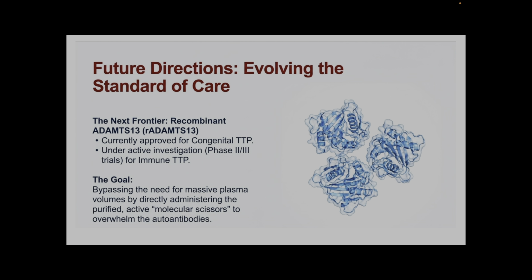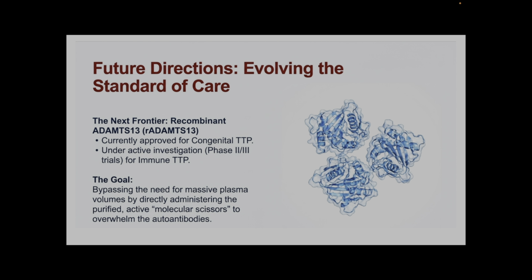So finally, future directions. Where is the field going? Recombinant ADAMTS13. One important development is recombinant ADAMTS13. The concept is very attractive. Instead of relying entirely on plasma to replace the deficient enzyme, we may be able to directly administer purified recombinant ADAMTS13.